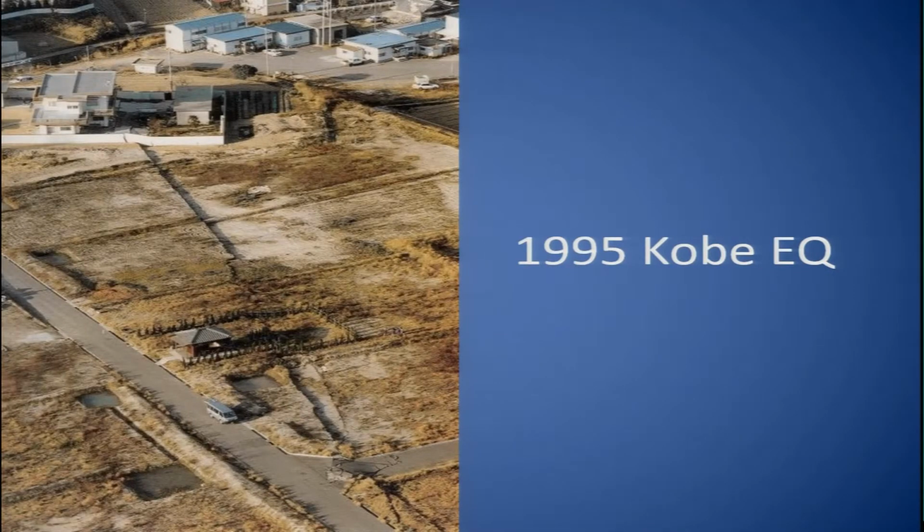Now, the surface expression, the recent one is the 1995 Kobe earthquake, and the rupture you can see over here was oblique slip. So, it has a component where, if we draw this, we can make out that this was having a sort of reverse component.